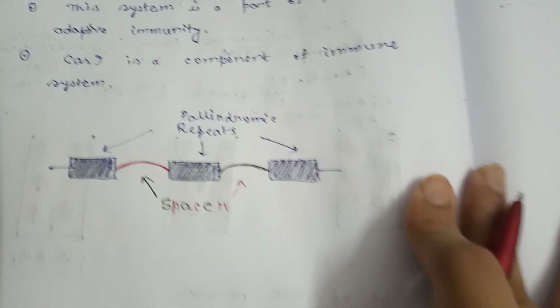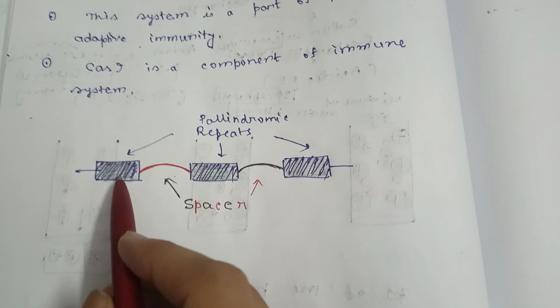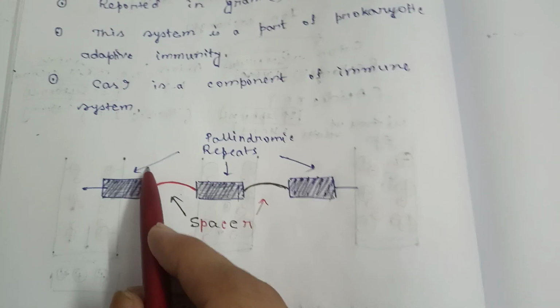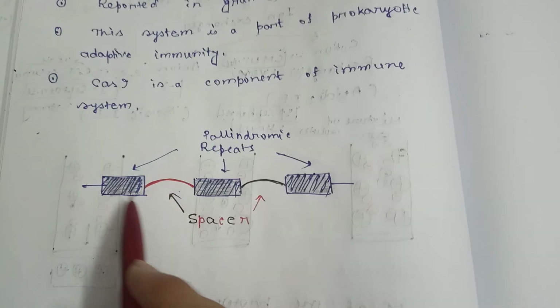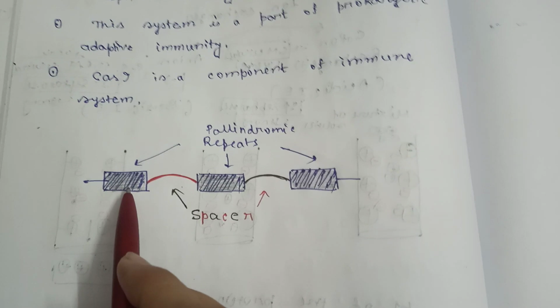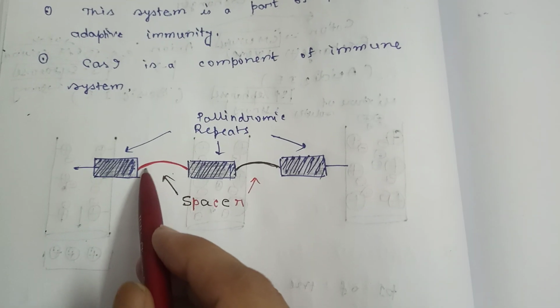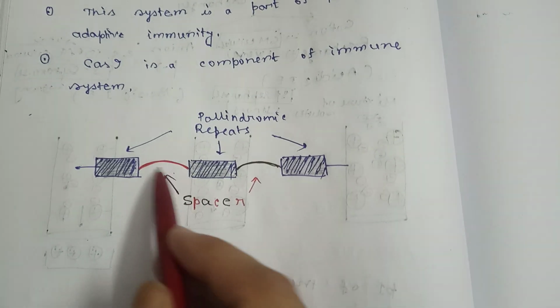Now let's check this diagram. Here you can see I have drawn some boxes. Let's say these are the palindromic repeats, and I am showing here the bacterial genome, or you can say plasmid, okay, and in between you can see there are some spacers, this is red, this is black.